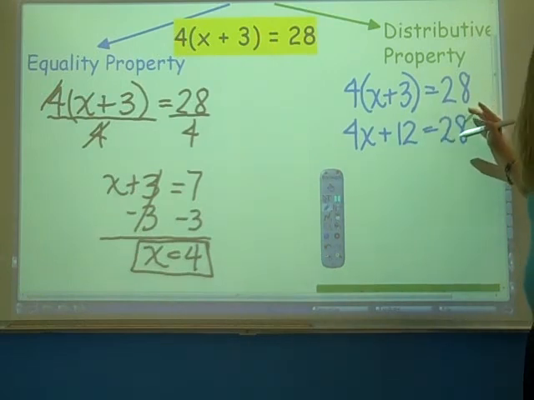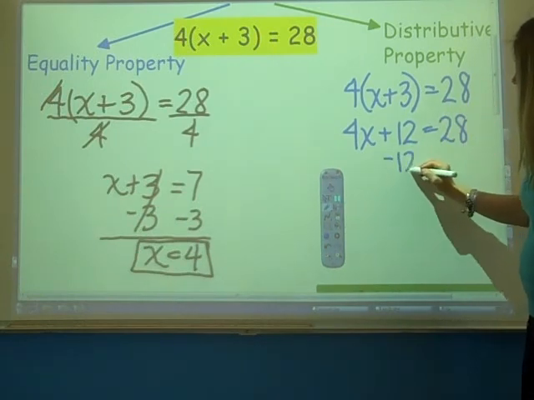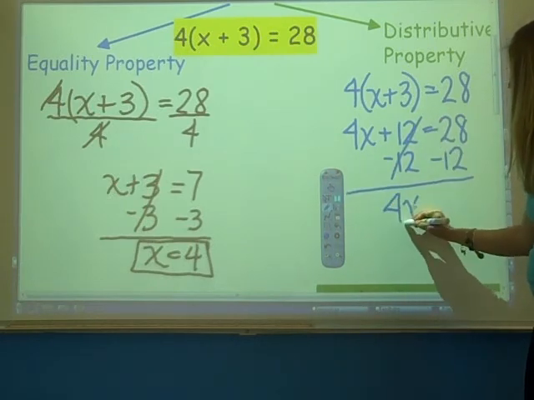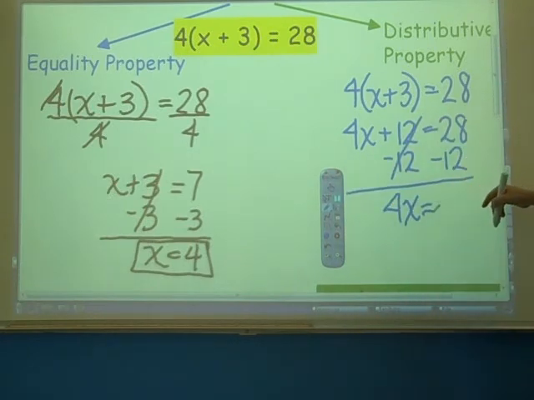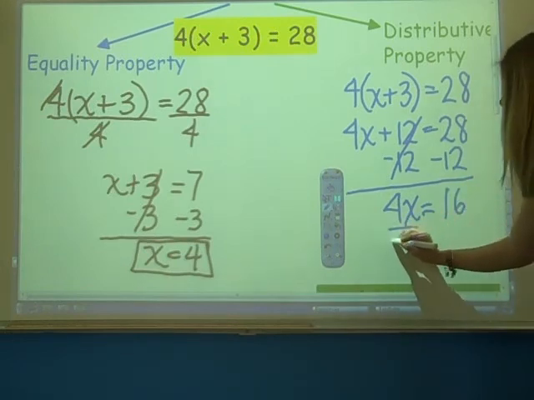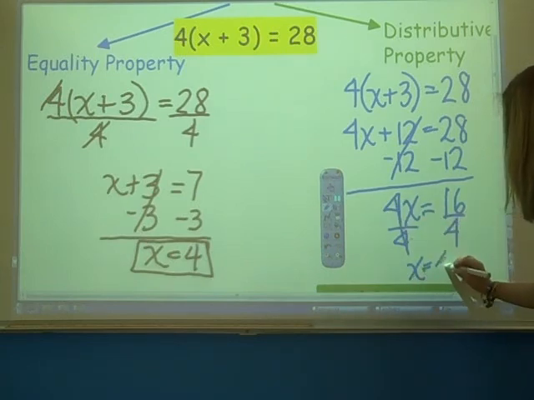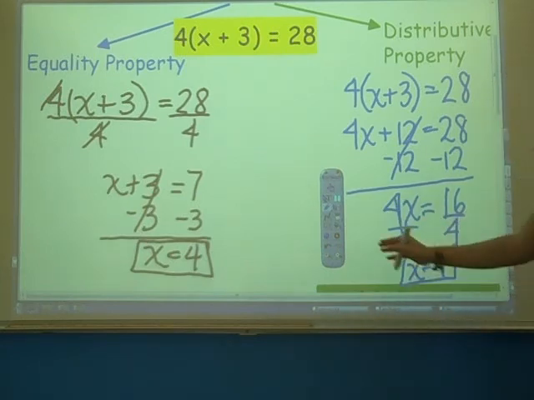Now I have a two-step equation. Subtract 12 from both sides. 28 minus 12, I get 16. Divide both sides by 4. x = 4. Same answer.